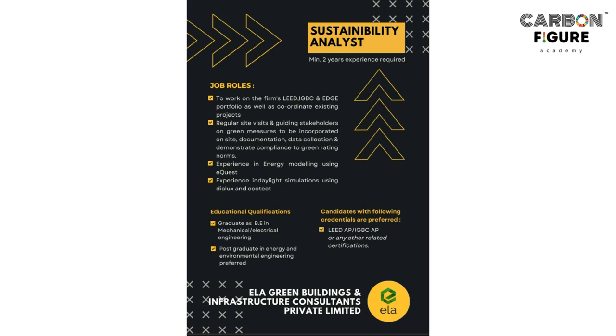Whenever they get projects, for example an IGBC project, they would need at least one IGBC certified, meaning accredited, professional to work on that project, right? So in a very small company, they need at least one IGBC AP, one LEED AP, and one EDGE certified professional, right? Minimum one they expect.